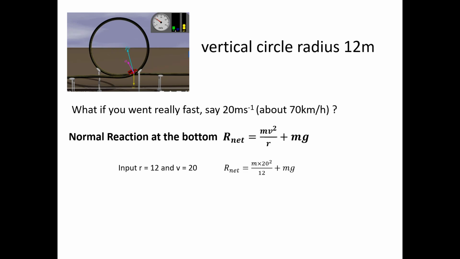We simply substitute in r equals 12 and v equals 20, do a quick calculation, and 41.3 m/s² is our acceleration. If we divide that through by 9.8, we come to the conclusion that's 4.4 mg. That means if you took the entire loop at 20 meters per second, you would be experiencing a body weight 4.4 times greater than you usually do.